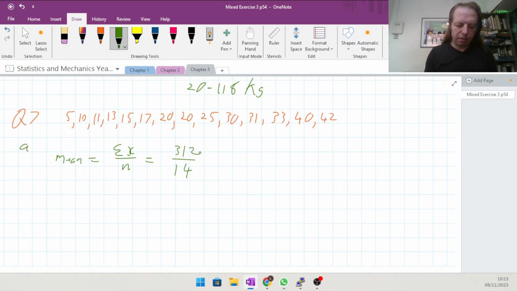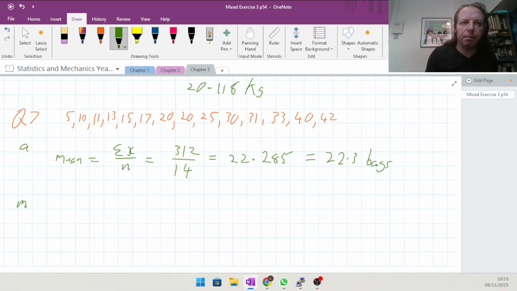Divide that by 14 and we get 22.285 bags each day. Okay, done. Add them all up, divide by how many there are.